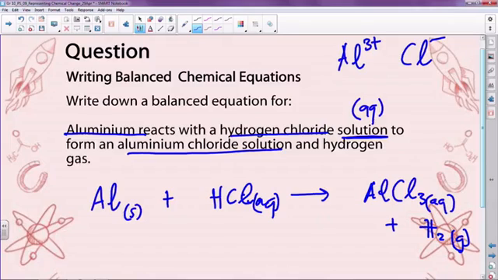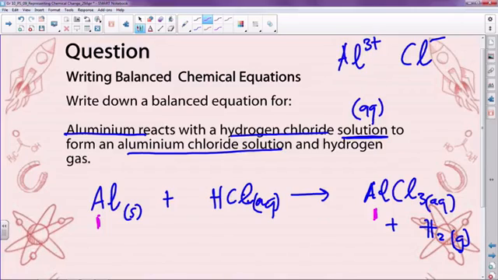So if you count the number of atoms of each element, you'd realize that there's one for aluminium on each side, which is still fine. Then for chlorine, we've got one on the left and three on the right. It gives us a little bit of a problem. Now, if you check, hydrogen is 2 on one side and 1 on the other.